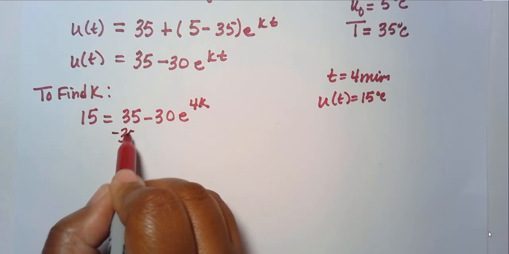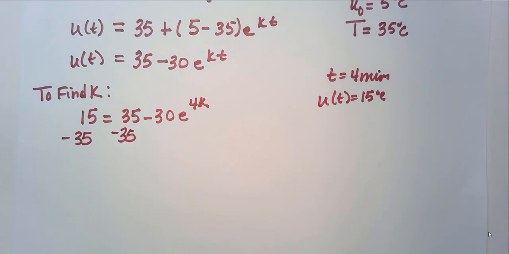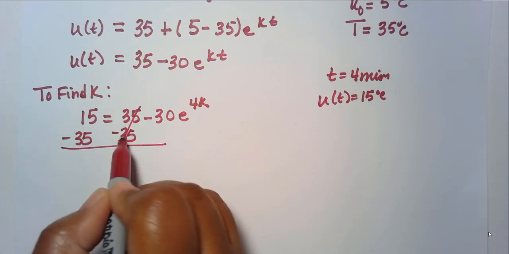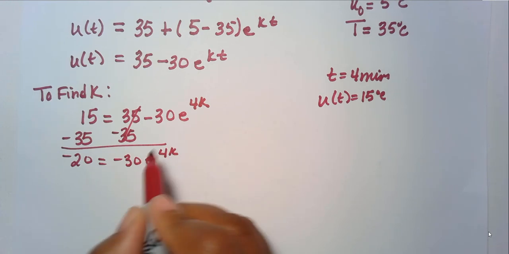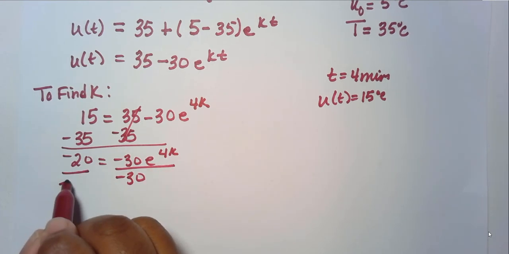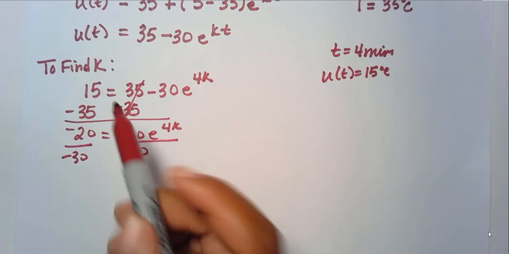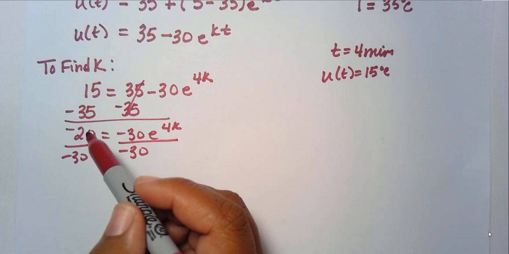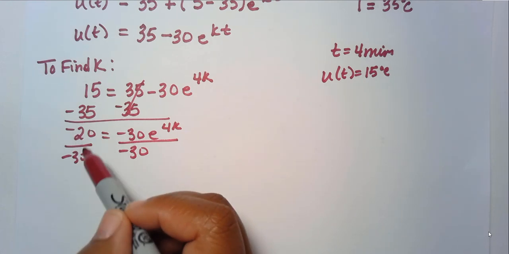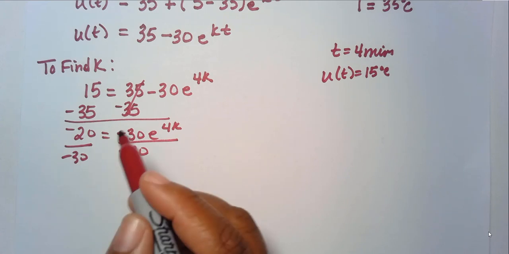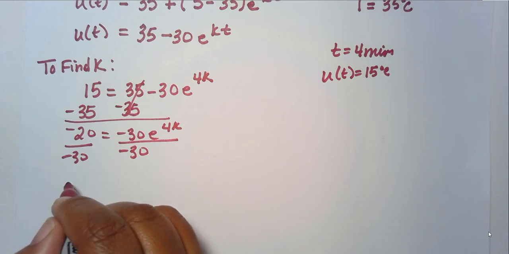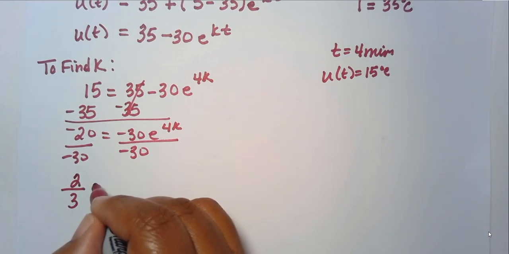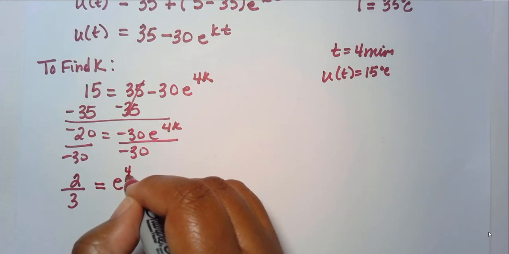Let's work to get our base e by itself. We subtract 35 from both sides. 15 minus 35 gives negative 20 equals negative 30 e to the 4k. Divide by negative 30. Reducing negative 20 over negative 30, we have positive 2/3 equals e to the 4k.